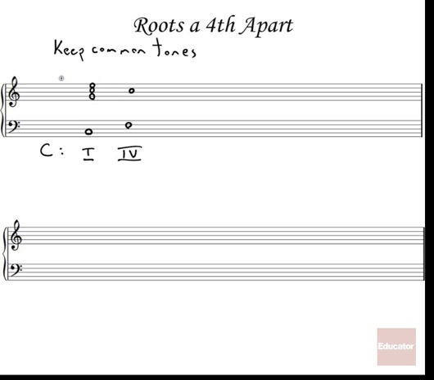And then the next rule to keep in mind is to move the other voices to the closest possible note in the next triad. Other voices move as short as possible.